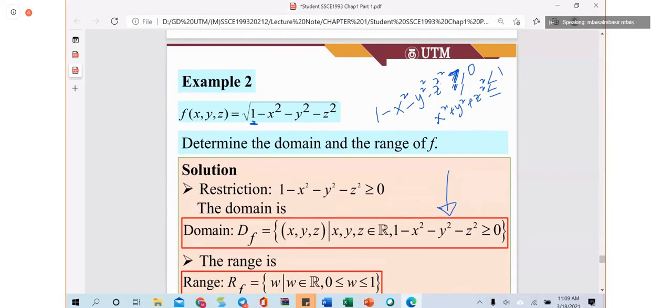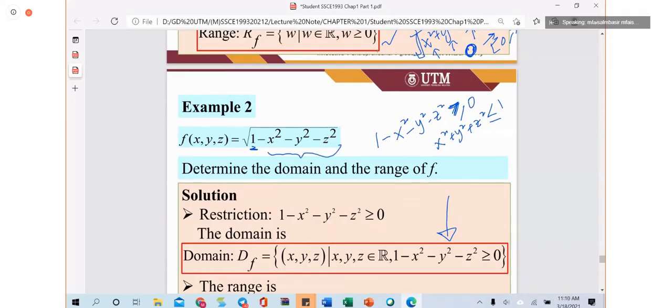And your range, you have to see what is the maximum value of this. The minimum value of x squared plus y squared plus z squared will be 0, and the maximum will be 1.